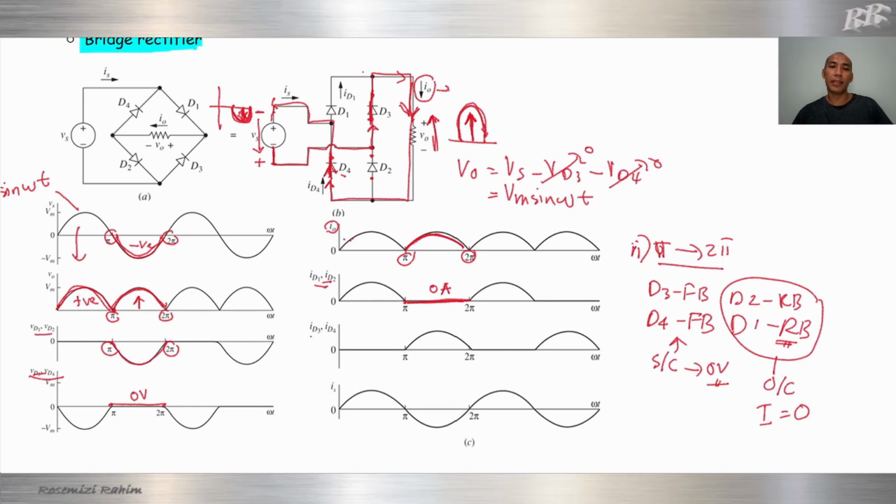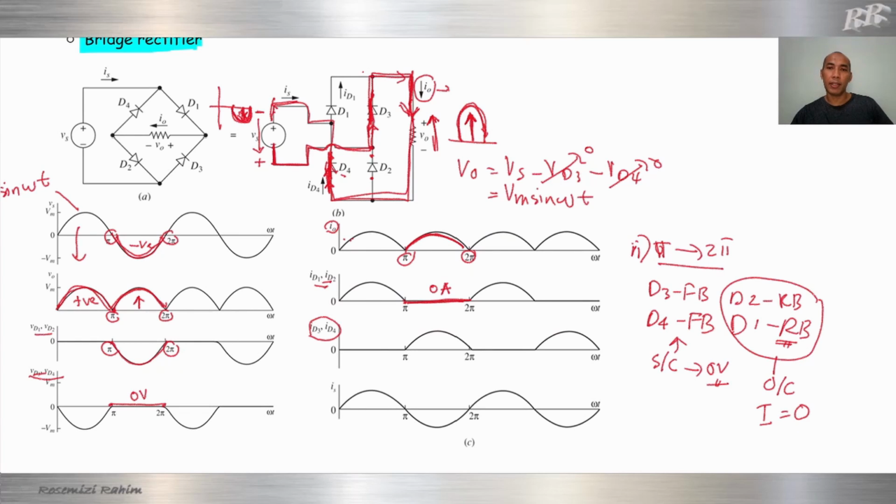Next is ID3 and ID4. We can see that ID3 and I0 are exactly the same current. IS is also the same current. This current ID3 goes to I0, goes to ID4.